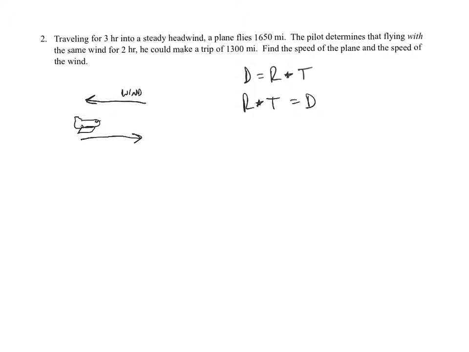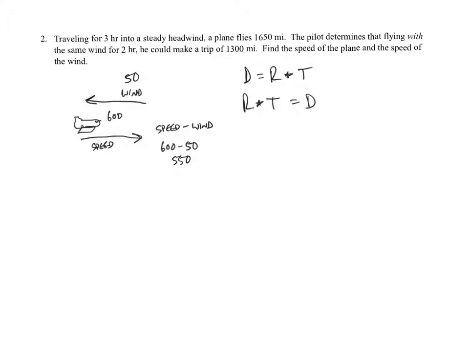So if the airplane's speed is some number, the actual speed of the airplane is going to be speed minus the wind. So if the wind is, say, 50 knots and the airplane speed is 600 knots, the actual speed of the airplane is going to be 600 minus 50, or 550.